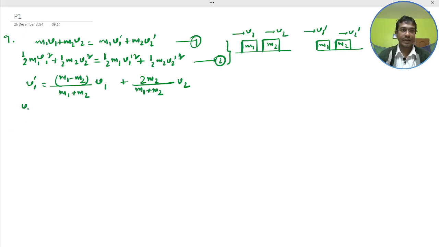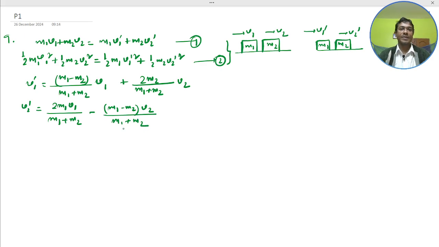And v2 dash is equal to 2 m1 v1 by (m1 plus m2) minus (m1 minus m2) v2 by (m1 plus m2). This is basically the velocity after collision. Now let's go to our special case: elastic collision between a heavy body and a light body.